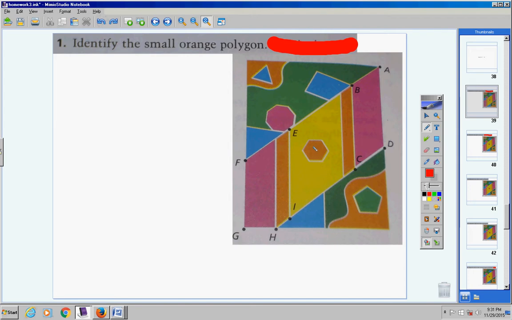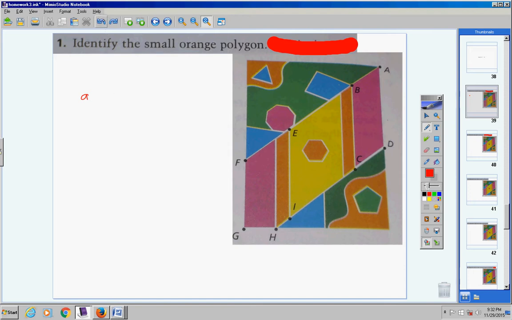So we're going to identify this polygon. Now it has 6 sides, and by the way, for numbers 1 through 10, usually in geometry you're not allowed to make assumptions about certain things. You have to go by what you know, okay? But they want you, for numbers 1 through 10, to use assumptions on some of these. Just go kind of with the naked eye and figure things out.